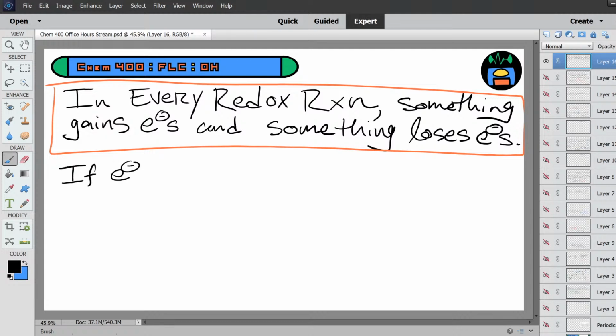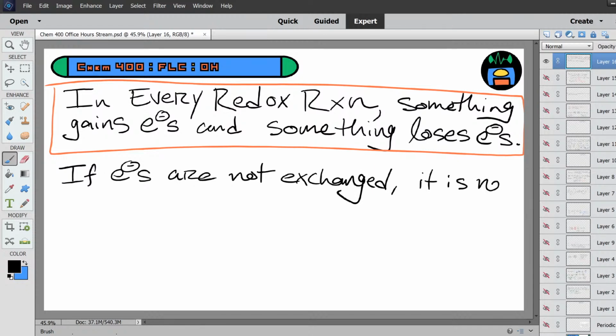If electrons are not exchanged, it is not a redox reaction. There are totally reactions where electrons are exchanged, but they're not redox reactions.